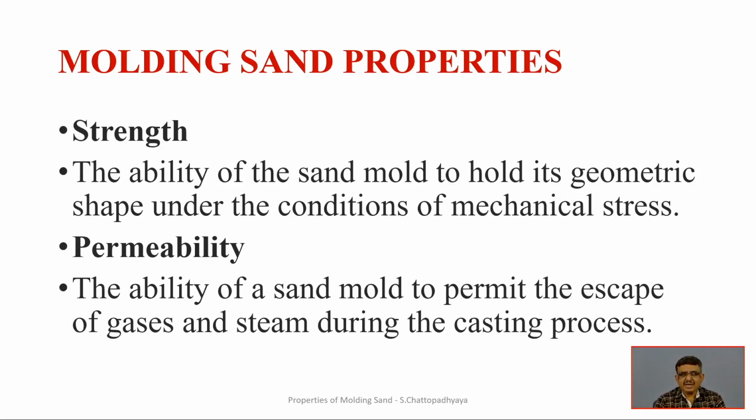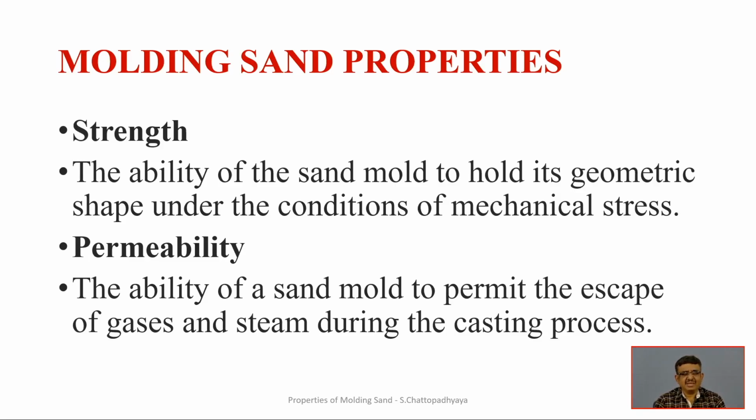Intricate cavities are made in the molding sand by the pattern, and that has to be retained until the entire molten metal solidifies. So, that strength is crucial. If that is not made, then defective casting will come out of it.